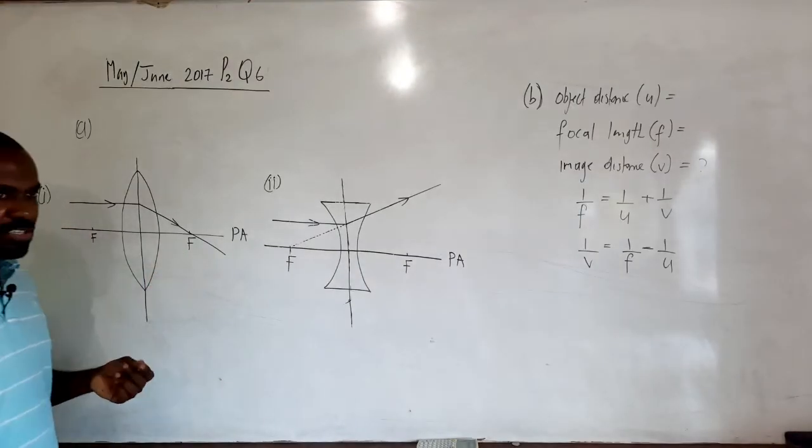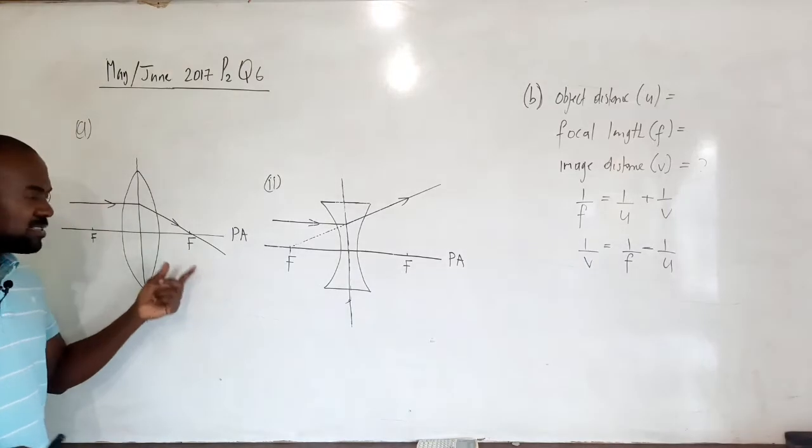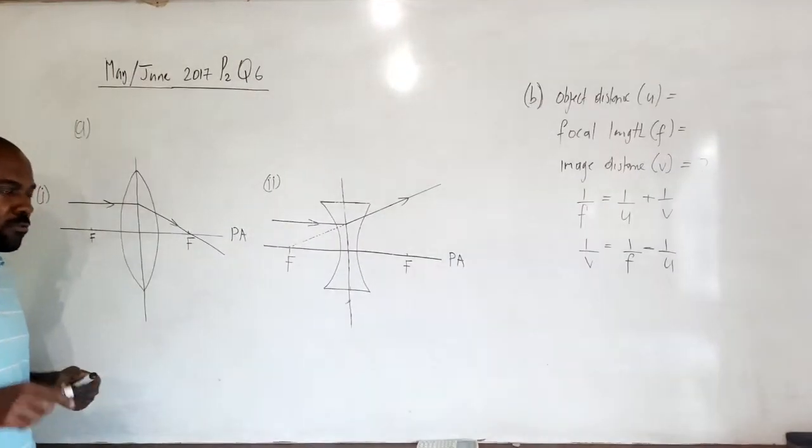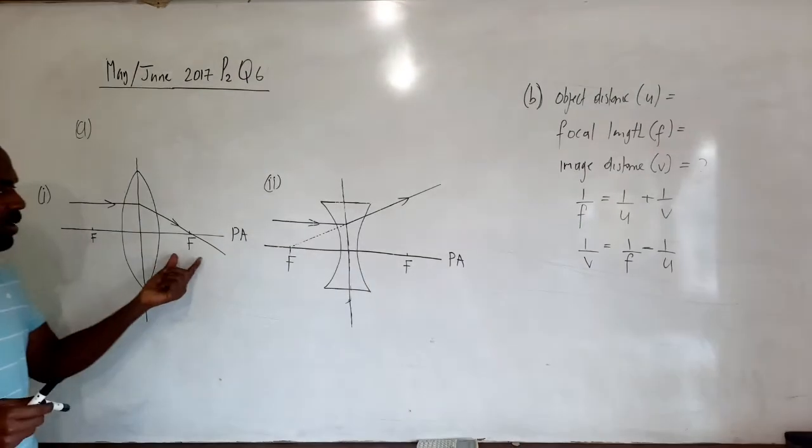For a converging lens, the principal focus is said to be a real focus because the refracted rays of light actually pass through it.